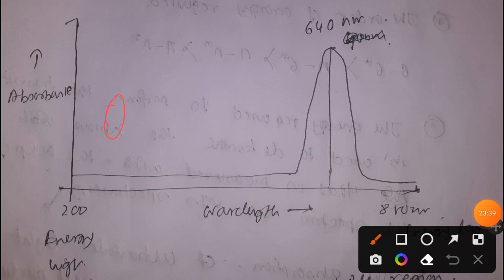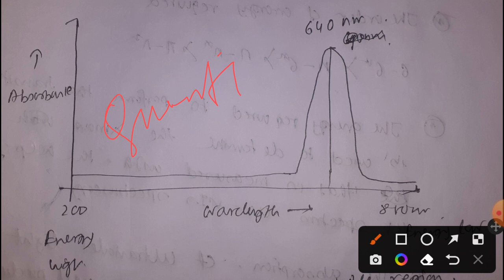That means that this technique is quantitative as well as qualitative, right? It can tell you whether your sample contains any kind of functional group or not. Suppose you are expecting a functional group and you know at what wavelength the functional group will absorb maximum.